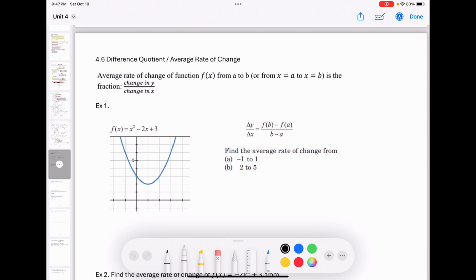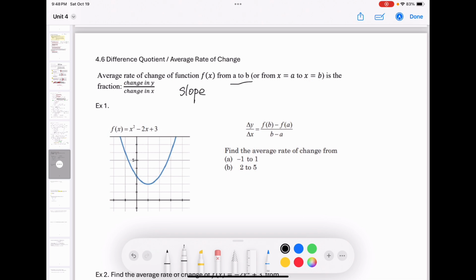Average rate of change of a function f of x from a to b is the fraction changing y over changing x. So a and b are all the x values. Changing y divided by changing x, that's a slope. Yes, that is a slope.